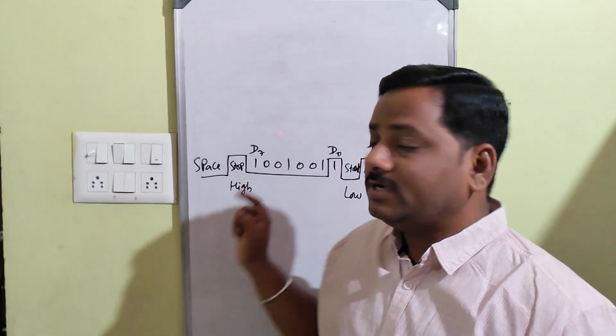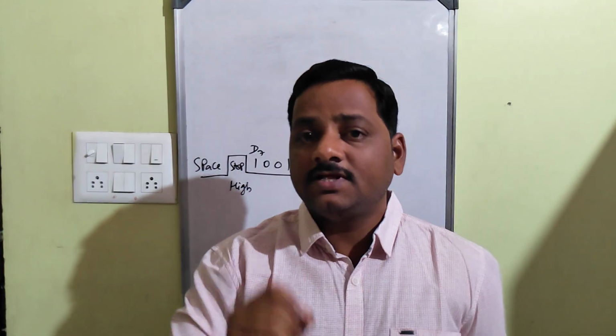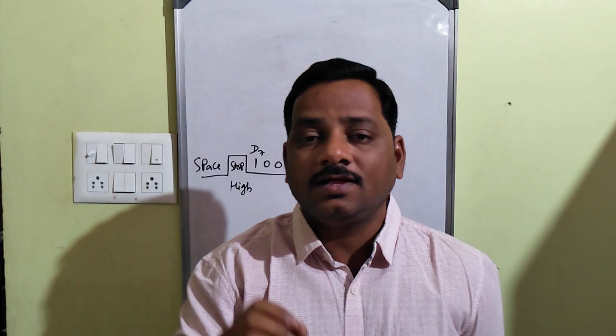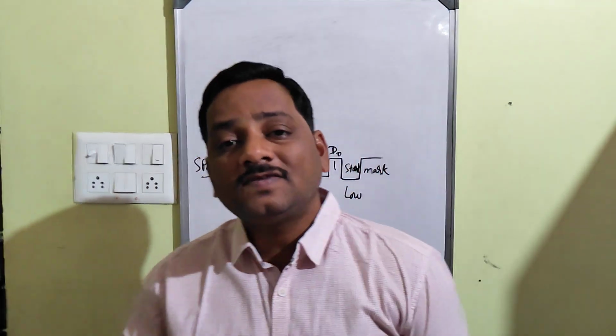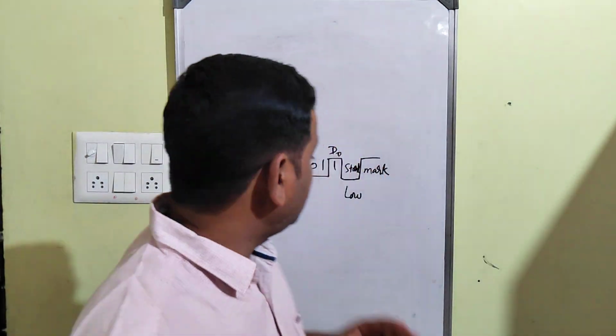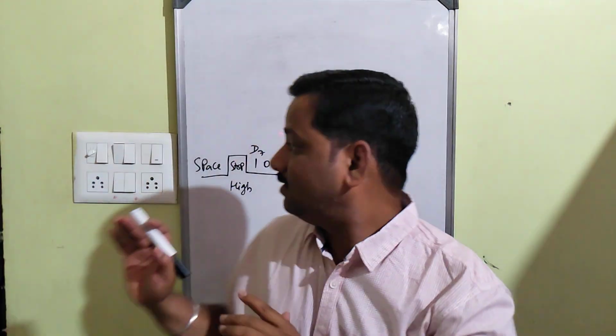Okay, this stop bit. So when the receiver receives the stop bit, it understands that okay, the first 8-bit data has been received. I have received 1 byte completely. Okay, so after that it will make itself ready for the next 8 bits. Okay, so that is why we have to arrange all these 8 bits under this frame.